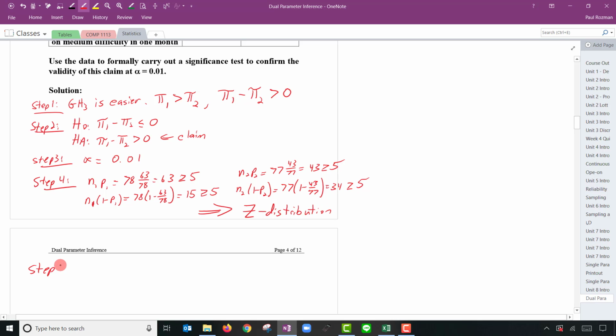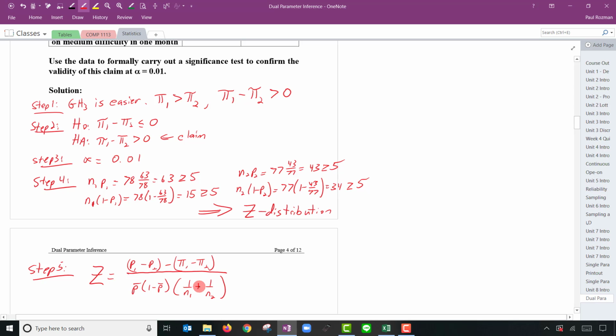And then we can move on to step 5, which is where we write down our test statistic. For this one, it's p1 minus p2 minus (pi1 minus pi2), all over the square root of p bar times (1 minus p bar) times (1 over n sub 1 plus 1 over n sub 2).